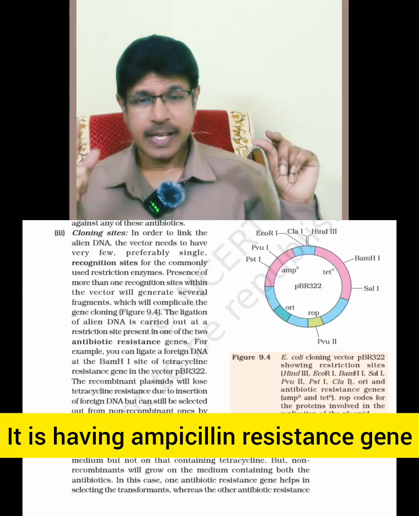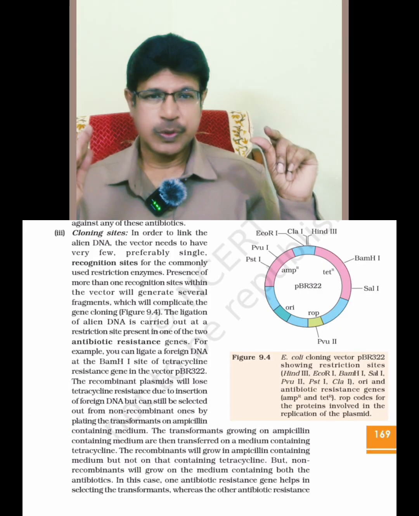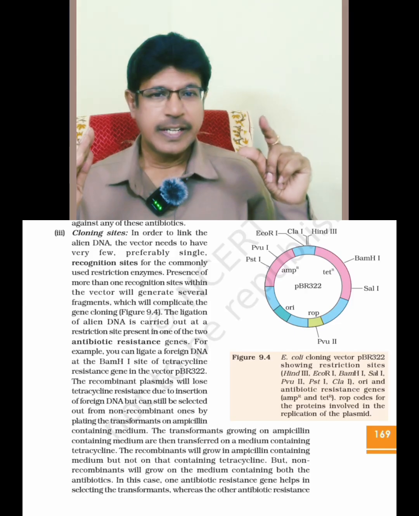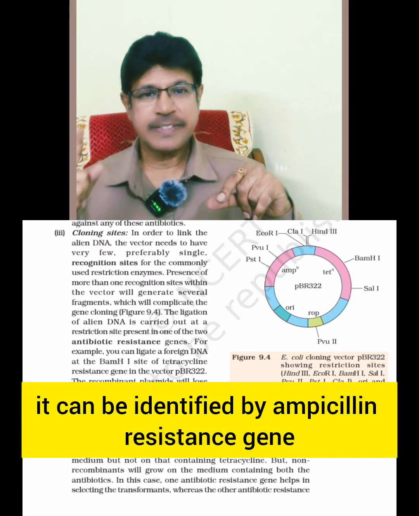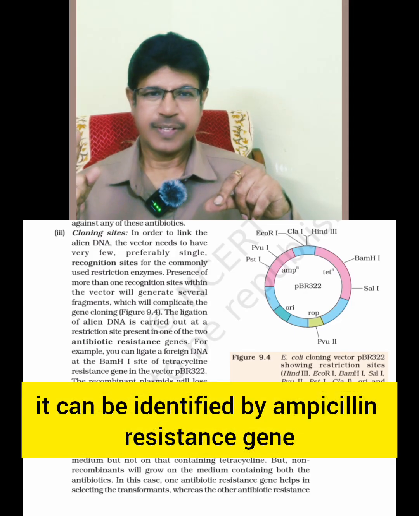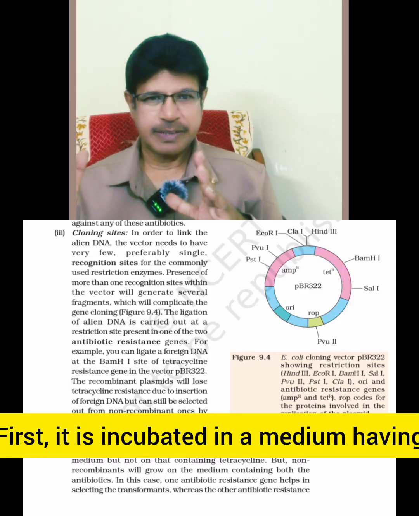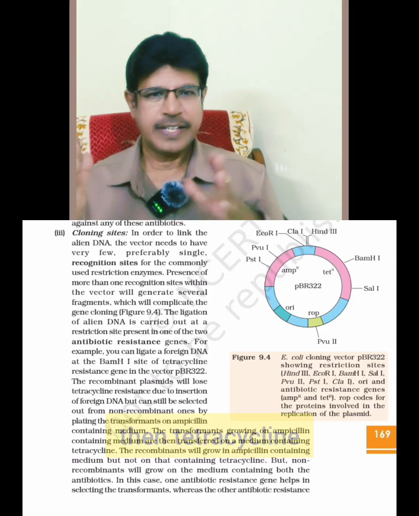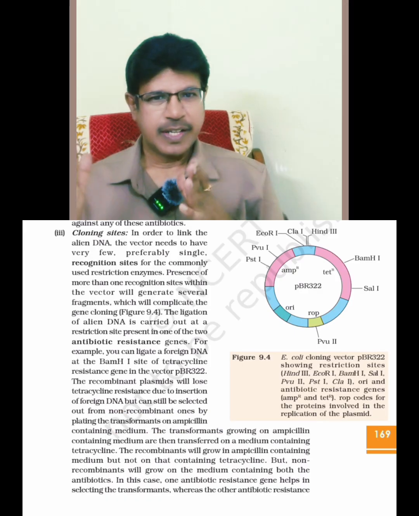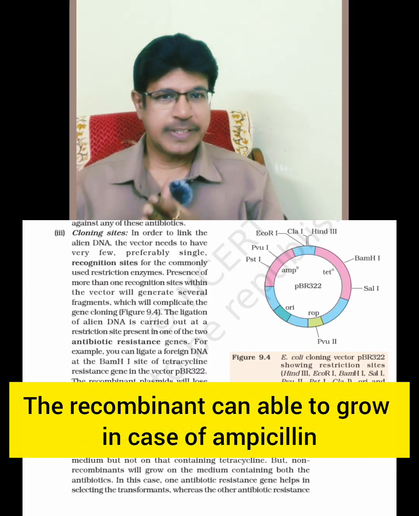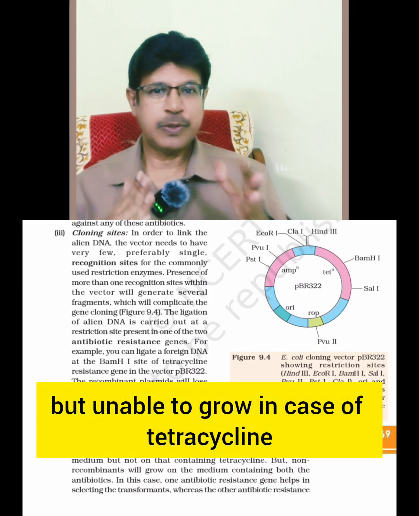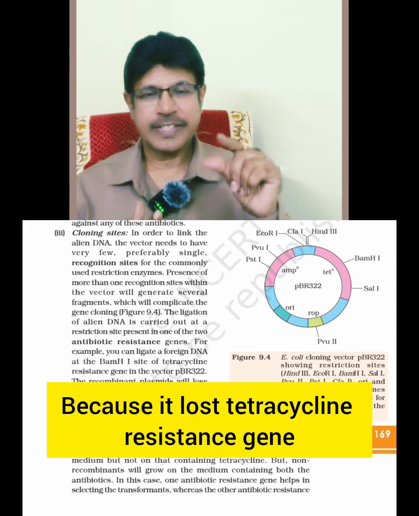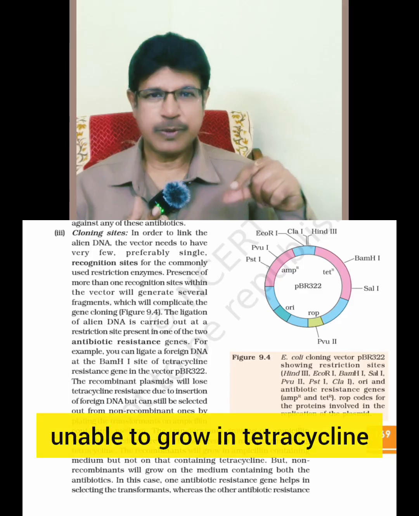It still has the ampicillin resistance gene. So even though it is without the tetracycline resistance gene, it can be identified by the ampicillin resistance gene. First, it is incubated in a medium having the antibiotic ampicillin, then tetracycline. The recombinant is able to grow in ampicillin, but unable to grow in tetracycline, because it lost the tetracycline resistance gene.